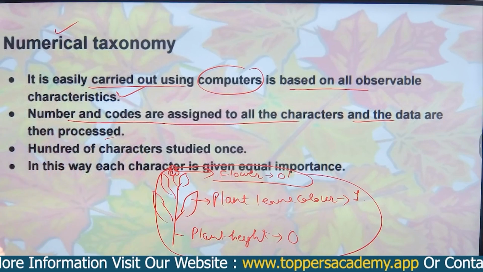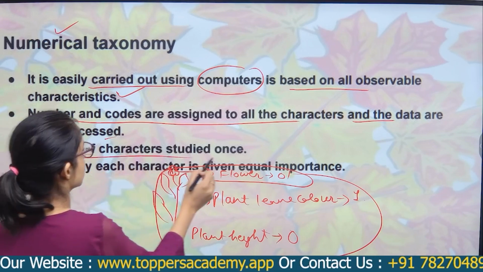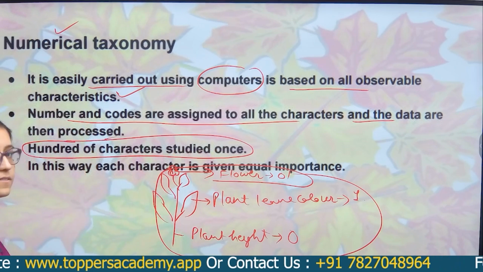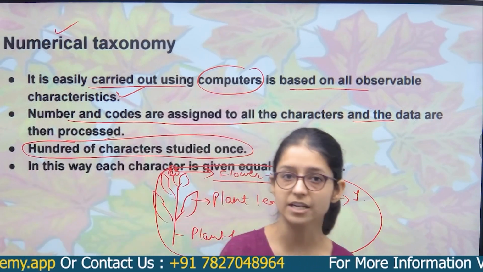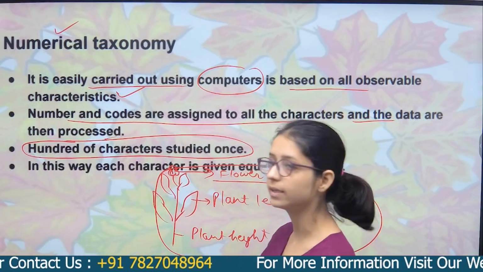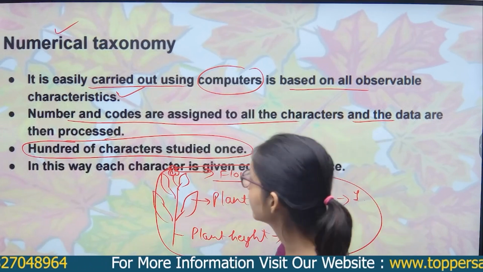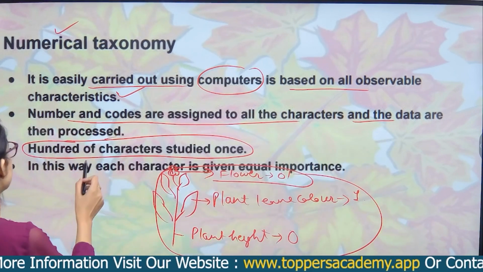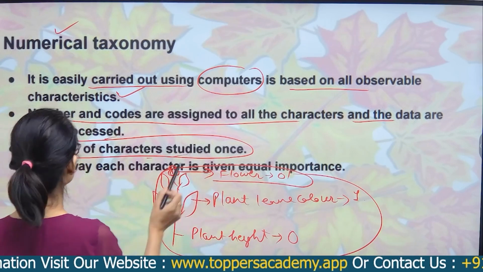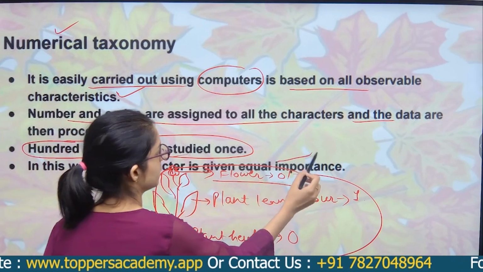There is one main feature of this classification: hundreds of characters are studied at once. As we read in the artificial system of classification, only a few characters can be studied at once, but here in the phonetic system, that is numerical taxonomy, we can study hundreds of characters. In this way, each character is given equal importance.